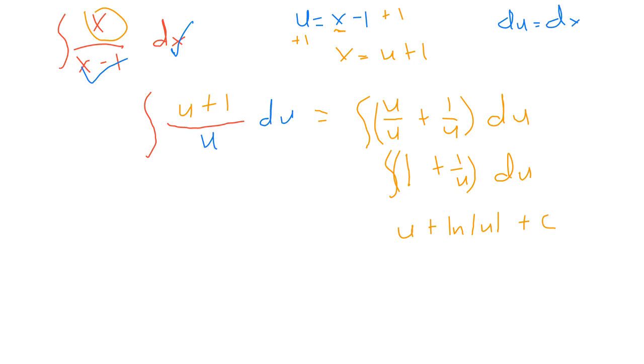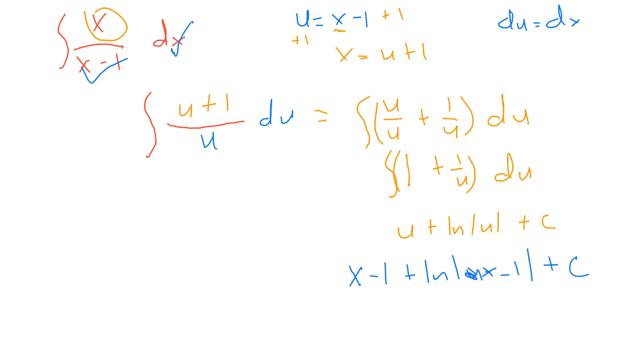So now all we have to do is plug our u back into our function to get us back to x. We plug in our u to get x minus 1 plus natural log, ln, of x minus 1, plus c.